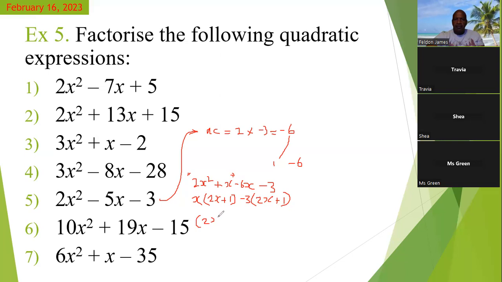And so you will have 2x plus 1 in the first bracket, because you're left with the x on the other side, and x minus 3 on the other side. All right. Thanks much. Very good, Miss Trivia.